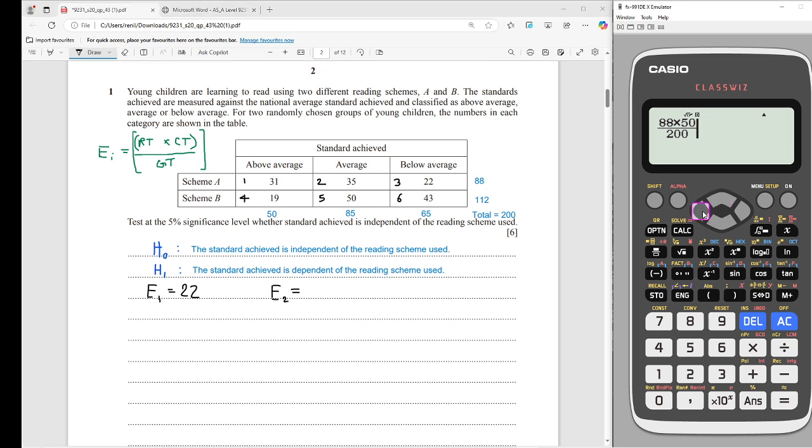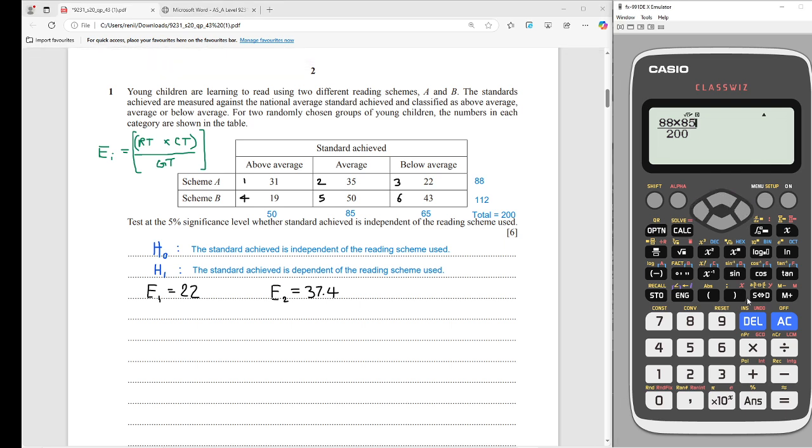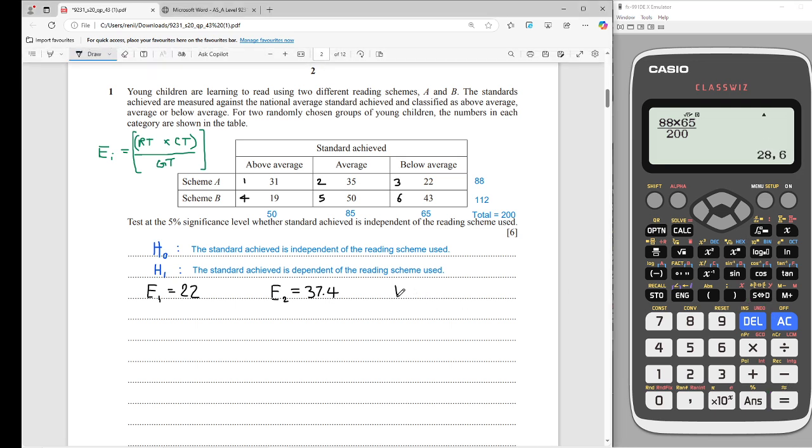For the second, the row total remains 88, but the column total is now 85, so we get 37.4 for the second expected value. Moving on, the third cell in the row has a column total of 65, and we get 28.6.